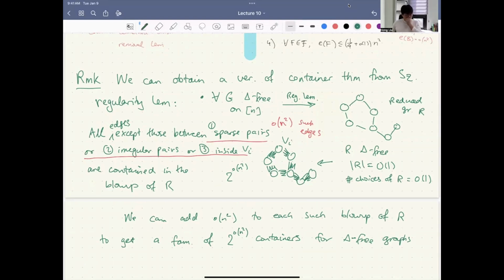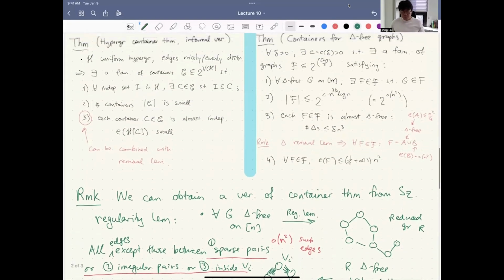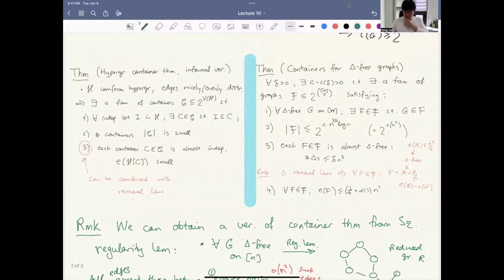Now, I would like to talk about a very closely related problem. Instead of enumerating triangle free graphs, let's enumerate a proper subfamily, the family of all maximal triangle free graphs.